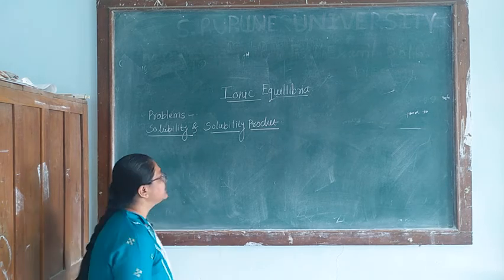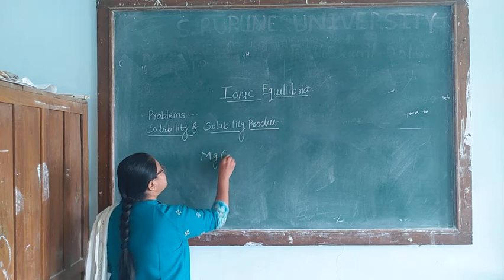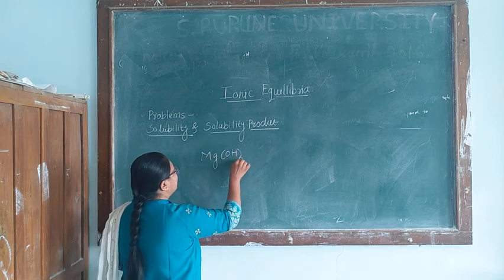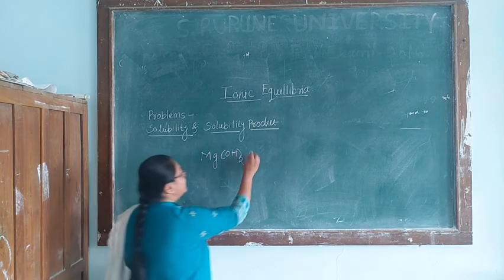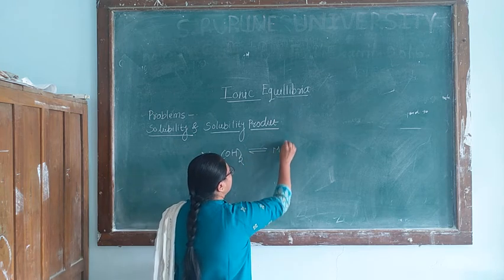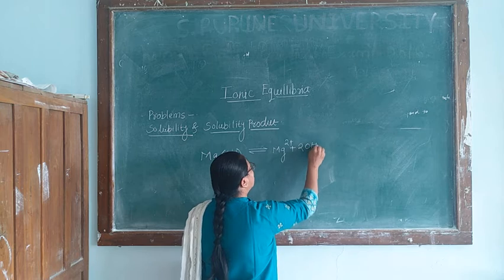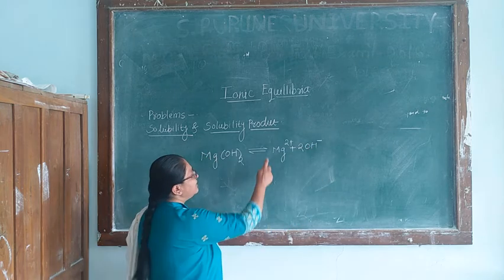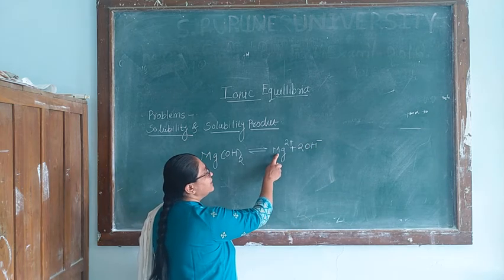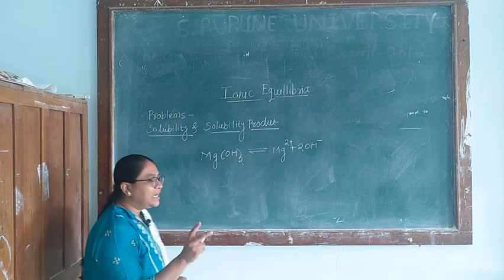For example, we will take magnesium hydroxide, which is a sparingly soluble salt. If this is dissolved in water, it ionizes as Mg2+ plus twice hydroxyl ions. Here the number of magnesium 2+ ions formed is only 1, while the hydroxyl ions formed are 2.